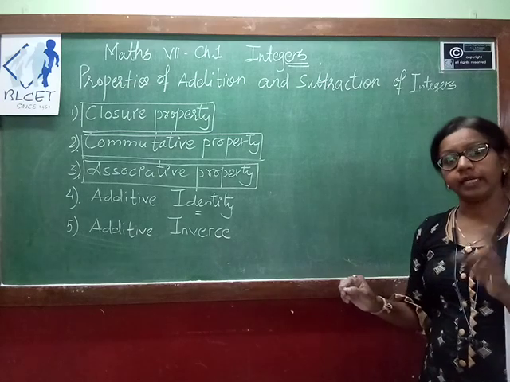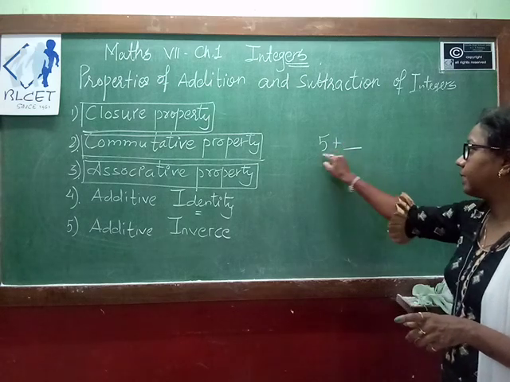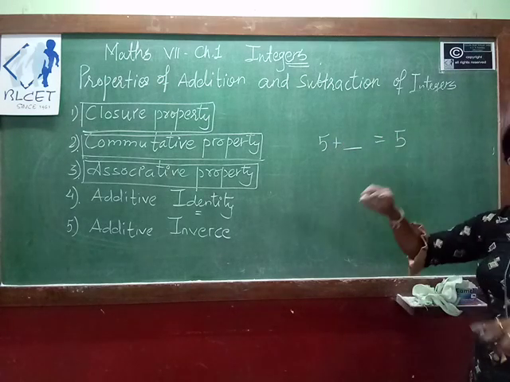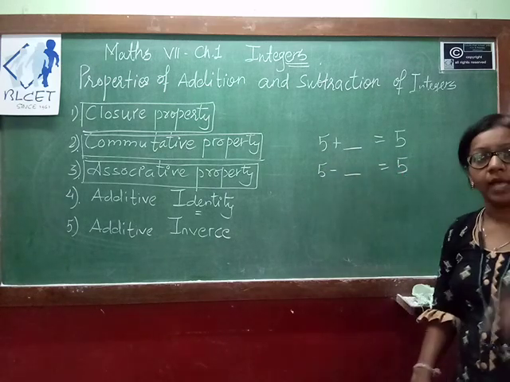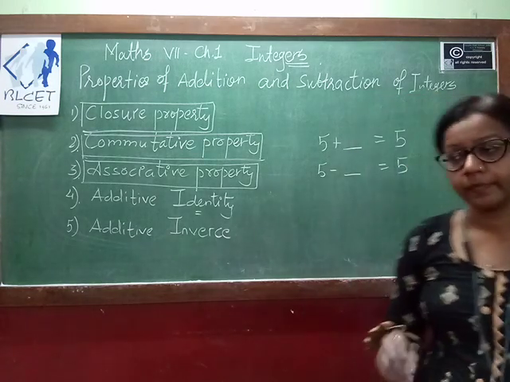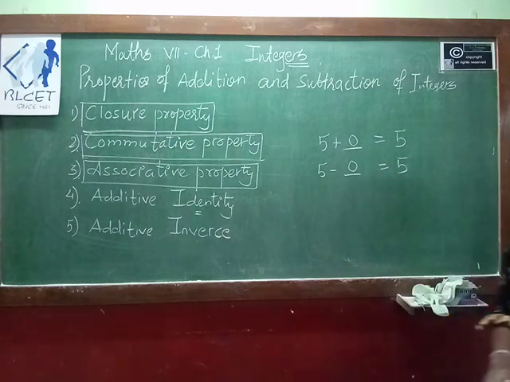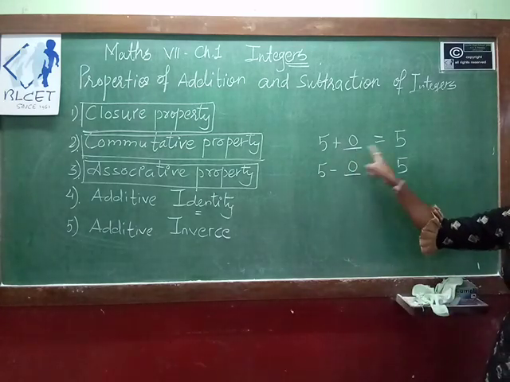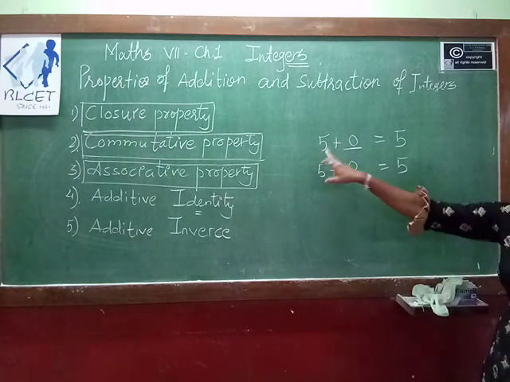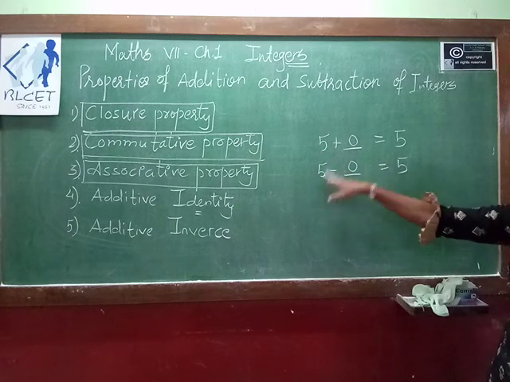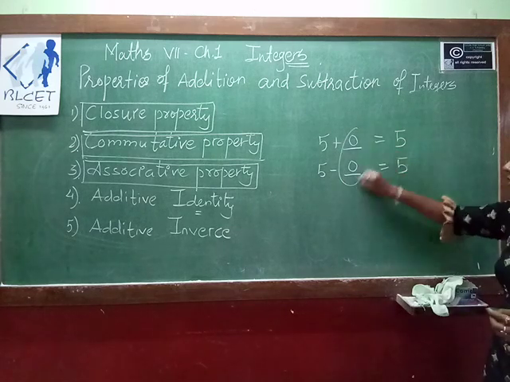When is it possible? Suppose I am adding something to 5 and I get the answer 5, or I am subtracting from 5 and I get the same answer 5. When is it possible? When you keep 0 here: 5 plus 0 is 5, 5 minus 0 is 5. So when you add something to a number or subtract something from a number and your answer remains the same, that something is what? 0.